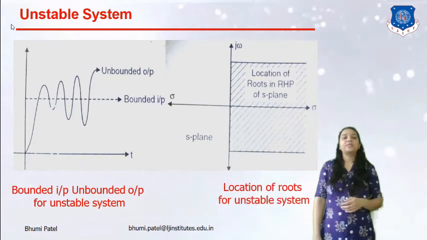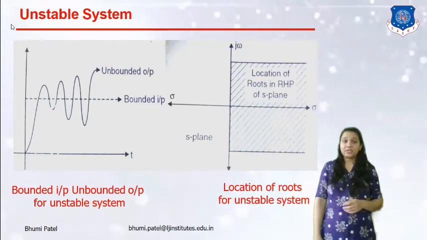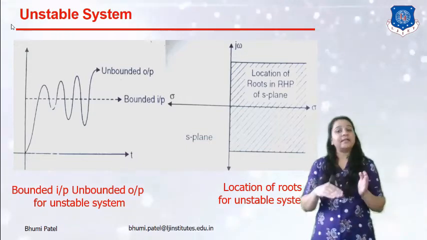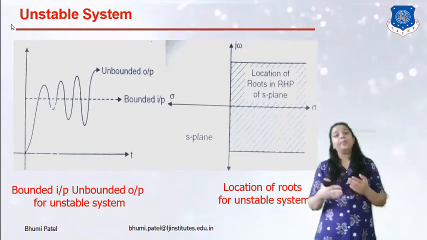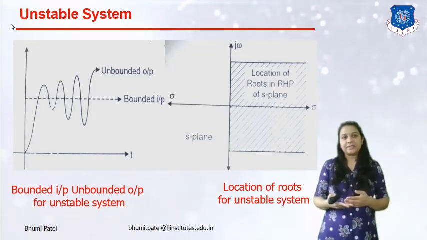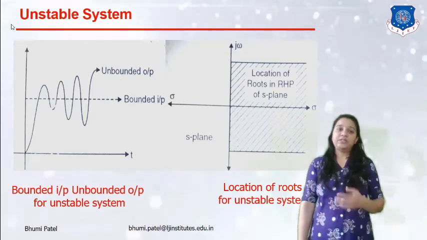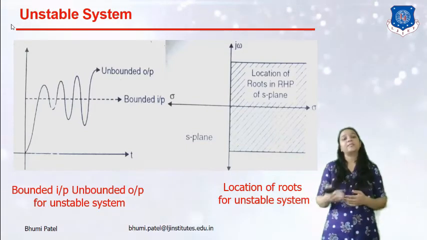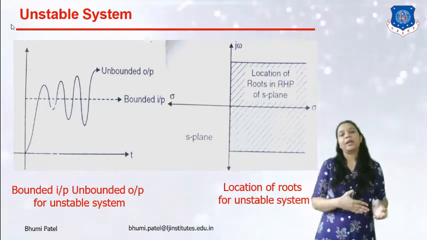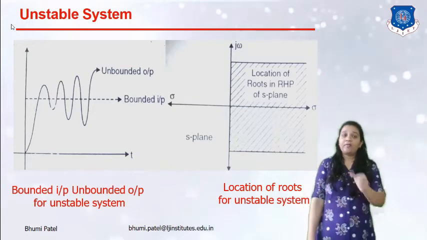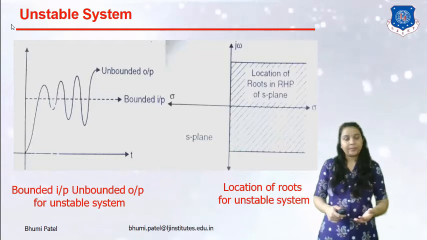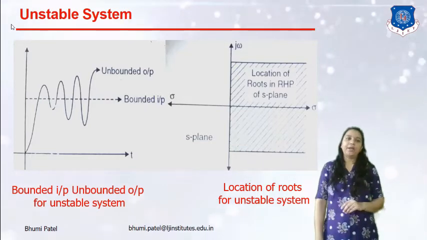If poles are located in the left hand side as well as the right hand side, and any pole is located in the right hand side, the system is known as unstable. So the condition for a stable system is that the poles are always located in the left hand side. If any pole is located in the right hand side, the response is an unbounded output.